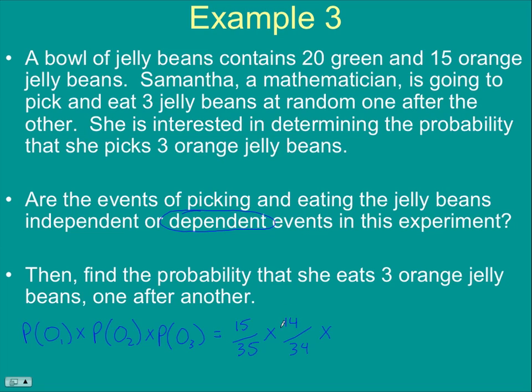Then we assumed that she picked and ate an orange jelly bean again, so there's only 13 left. And since she ate a jelly bean, there's only 33 left to choose from. So if we multiply these together, we're going to get our total amount. And so this gives us 13 out of 187, which is about 6.95, so 7%.